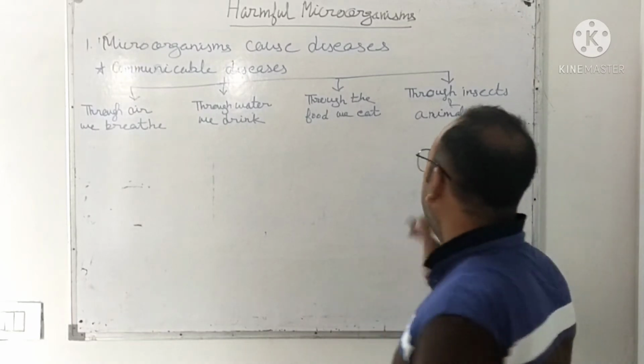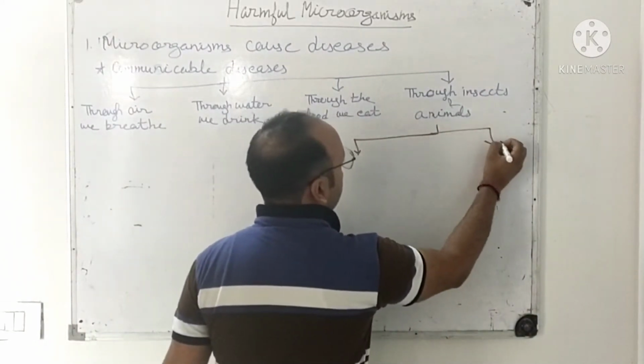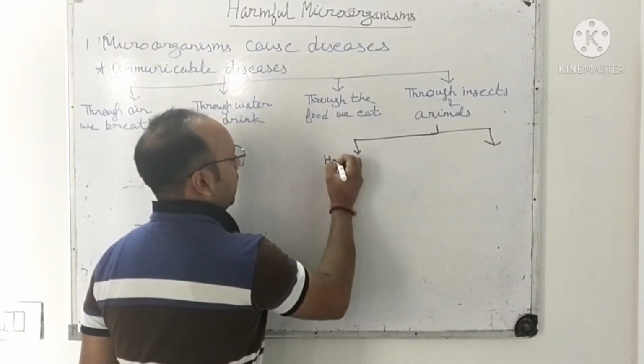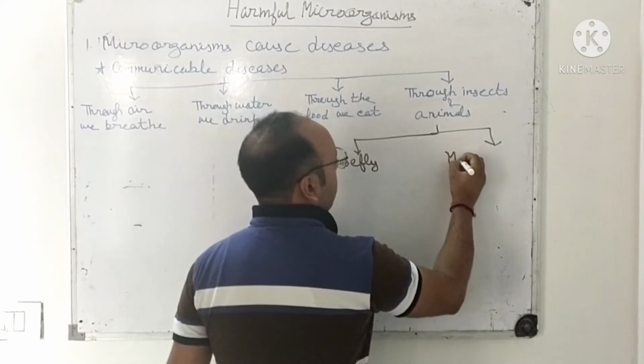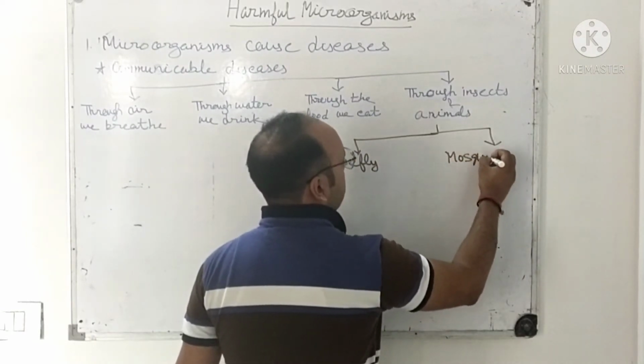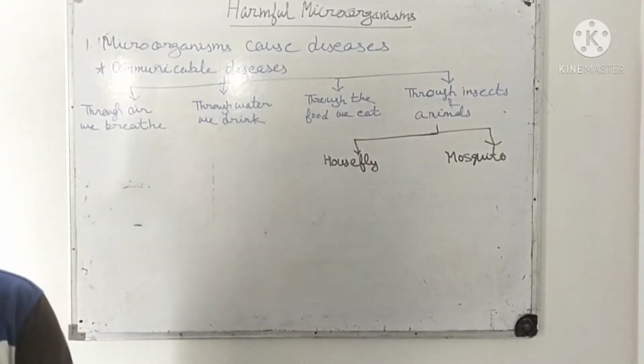A very common carrier that we all are aware of is the housefly, and another is the mosquito. The housefly acts as a common carrier of disease.